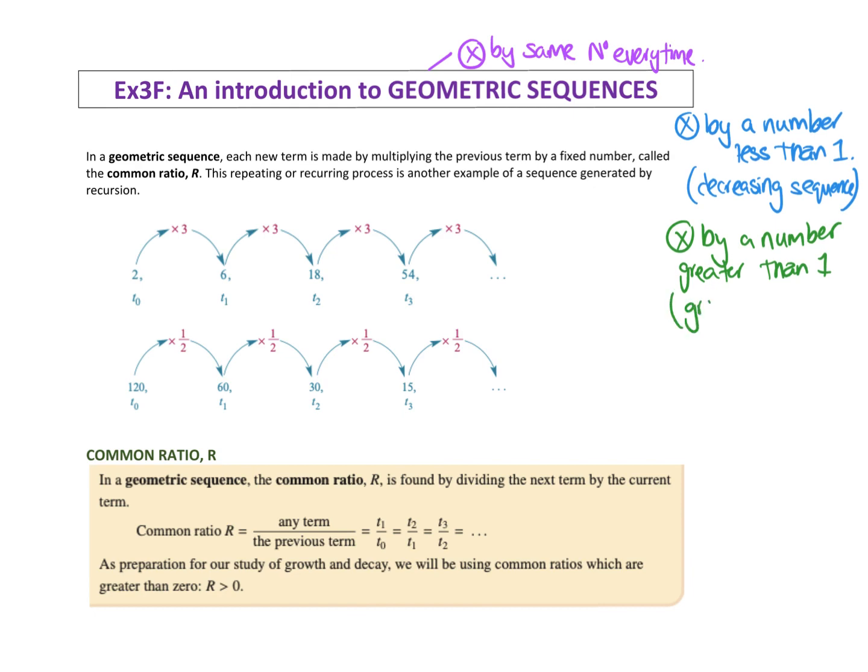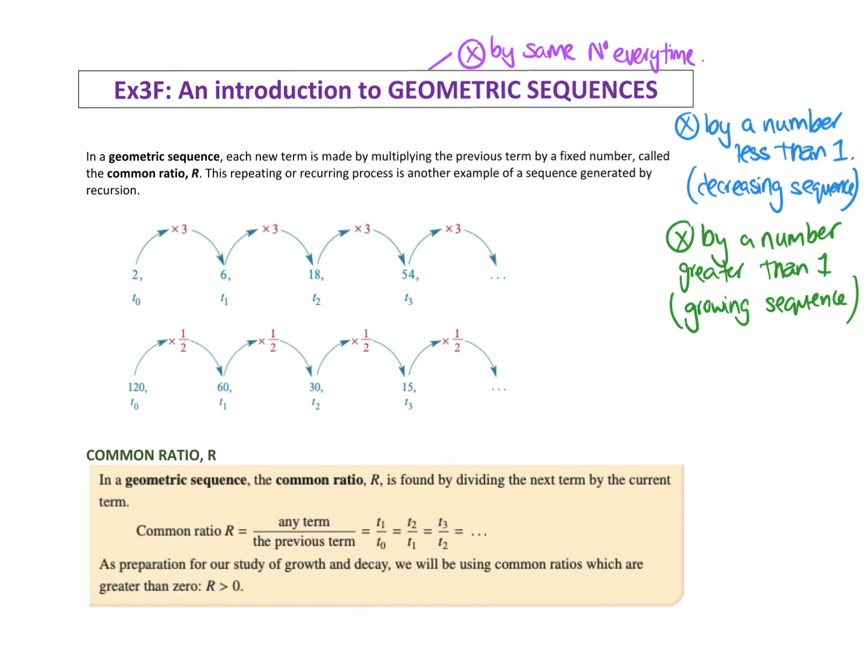I'm going to write growing sequence because we're going to see growth situations, and we're going to see depreciation situations. And what do you think depreciation is? A decreasing one. Yeah, depreciate means gets less. All right, so we'll see that later on.